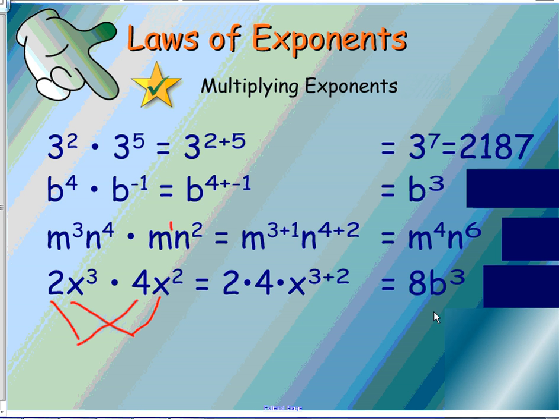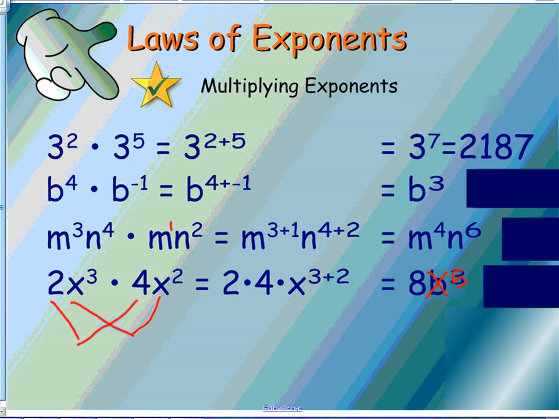All right, and it definitely wouldn't be to the 3rd power, it would be to the 5th power. Sorry, guys. Typo. So the answer would be 8x to the 5th power.